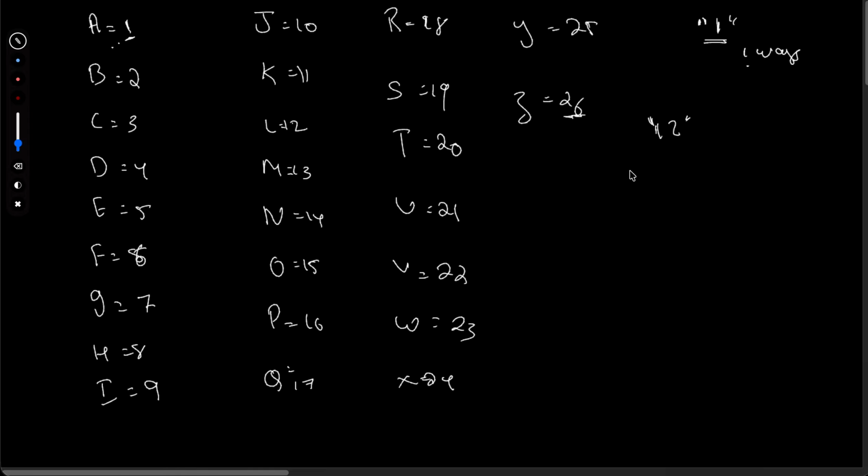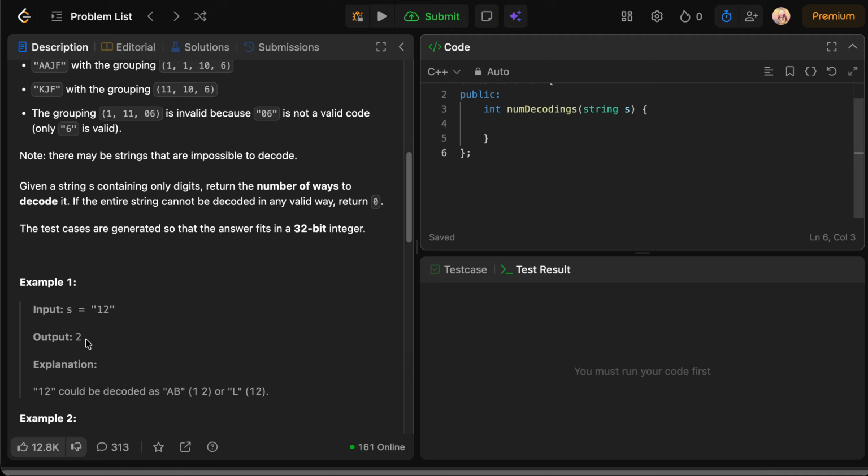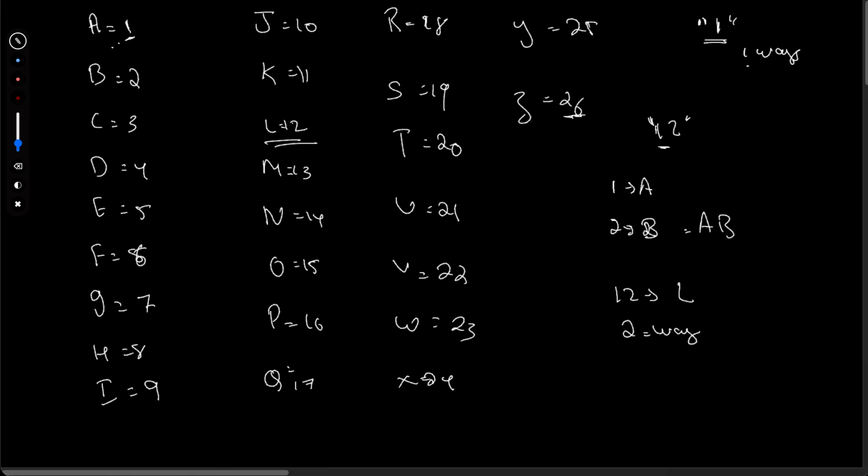First we take one digit at a time: 1 is A and 2 is B, so the result is AB. If we take two digits together, 12 is L. So there are a total of two ways, and the answer is 2.